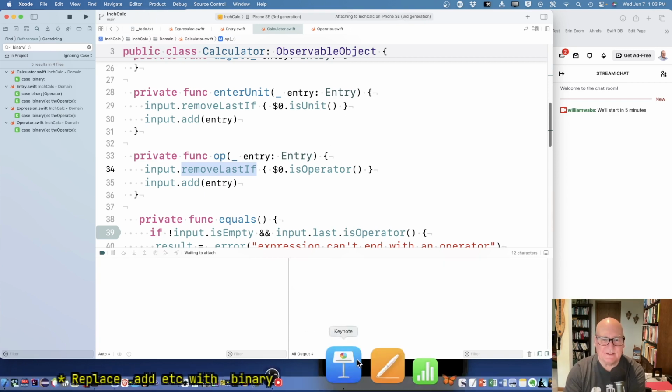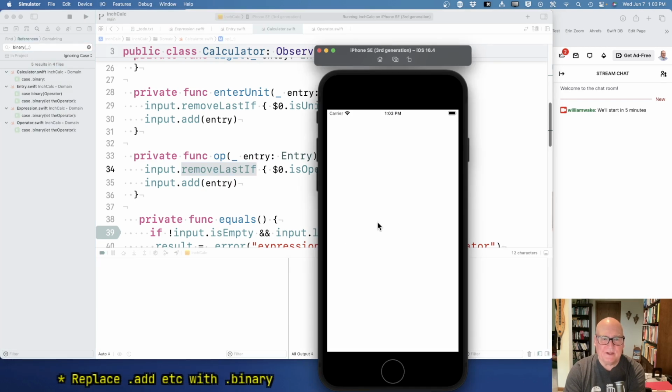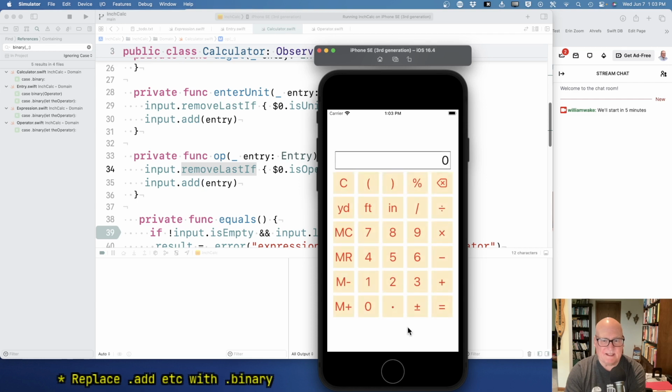Most calculators, you don't use minus as a unary minus. Instead of a prefix minus, it usually has a postfix negate thing, plus or minus. So you would say 7 plus or minus plus 3 equals. Well, notice it didn't do anything about the plus or minus, but I think we could do that.